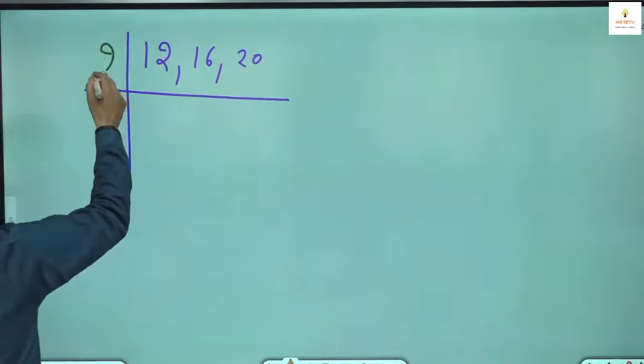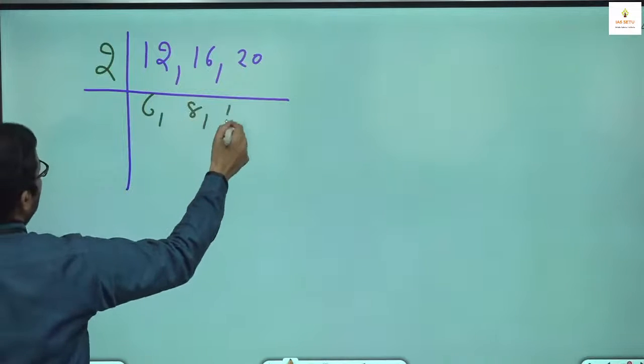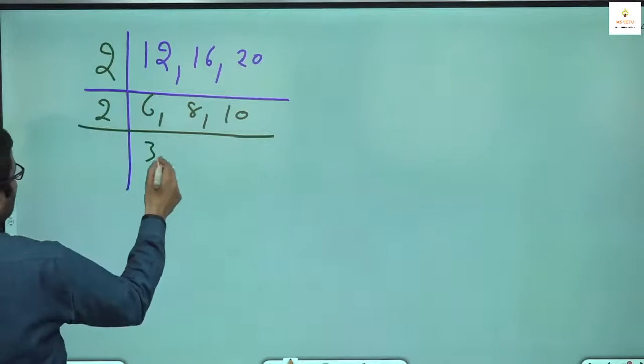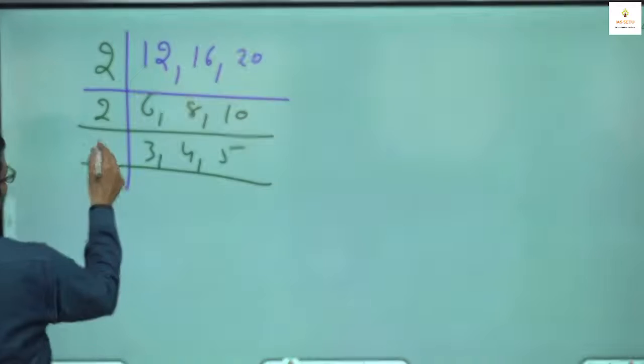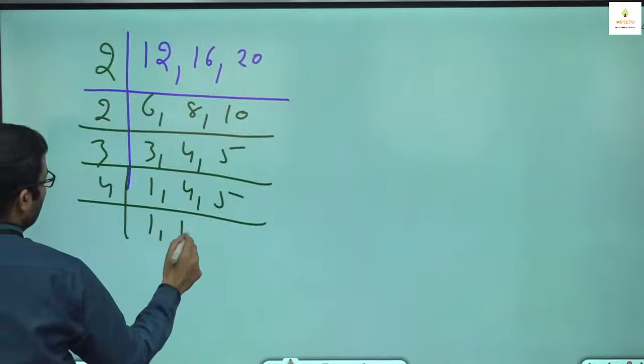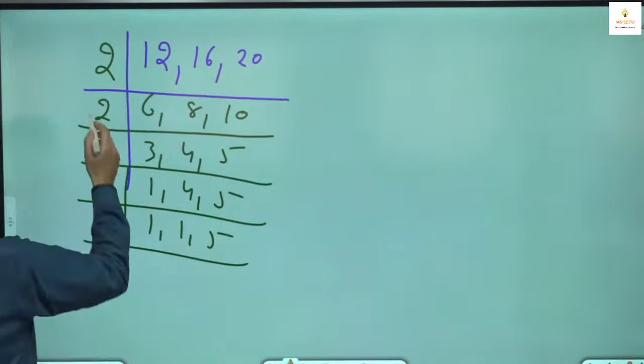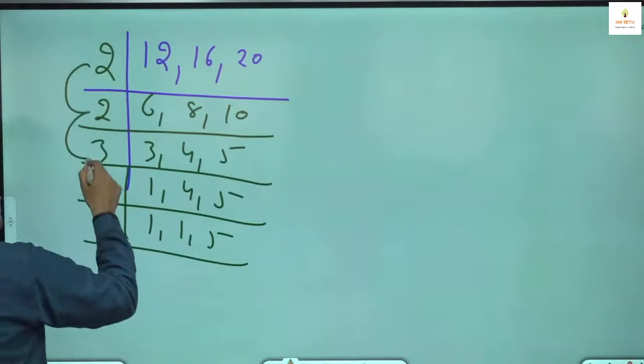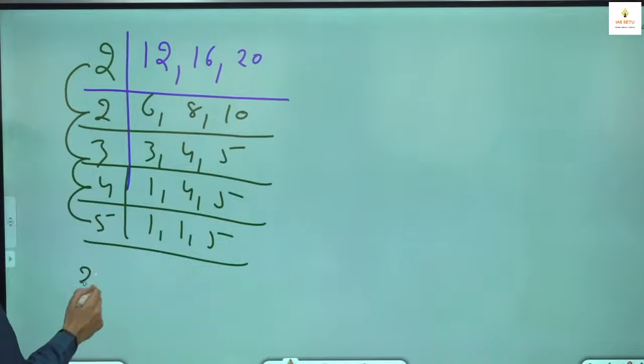So either start with 2: 6, 8, 10, then again 2: 3, 4, 5. 3 common: 1, 4, 5. 4 common: 1, 1, 5. 5 common. So this is 4 into 12, 48; 48 into 5, 240.